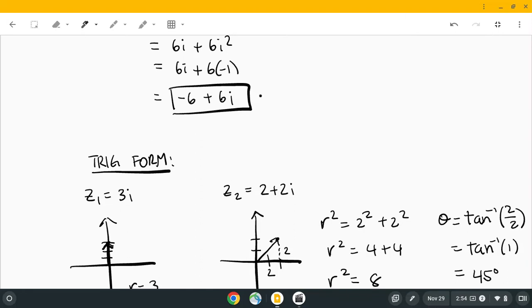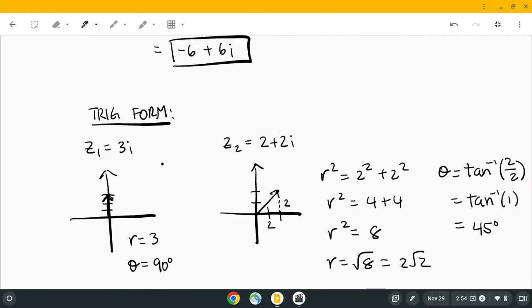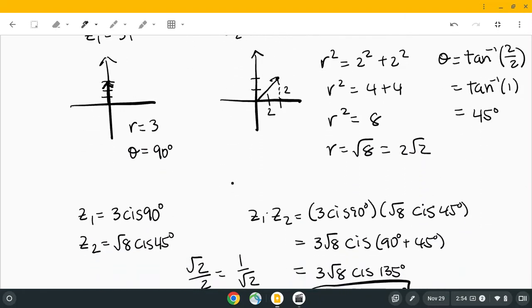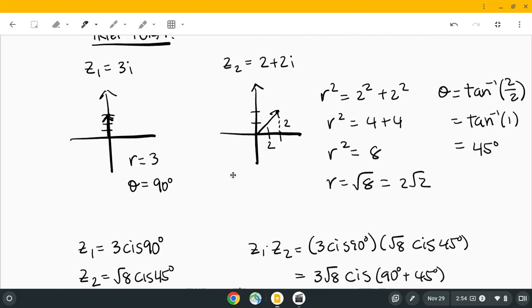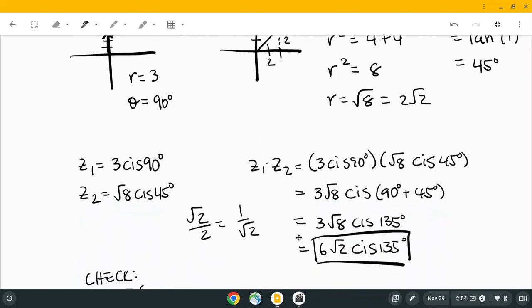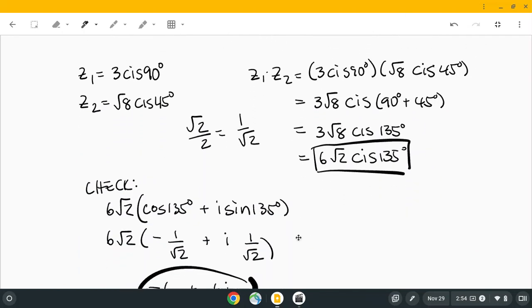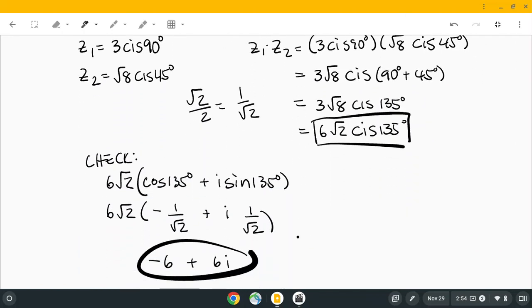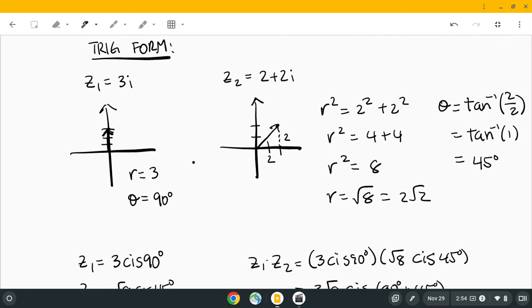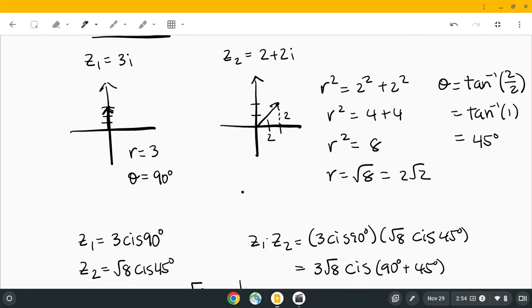Okay? All right. But either way, some of the problems will say rewrite the complex numbers in trig form and then perform the multiplication or division. So just be aware of that. If it tells you to convert the complex numbers to trig form first, make sure you do that.